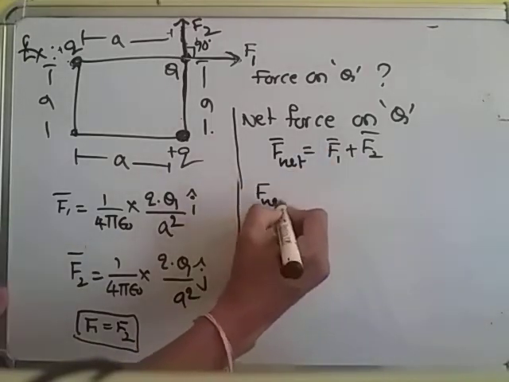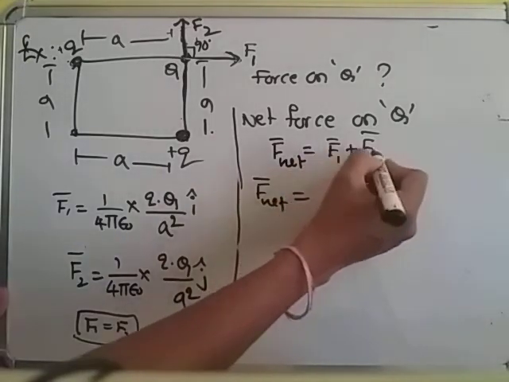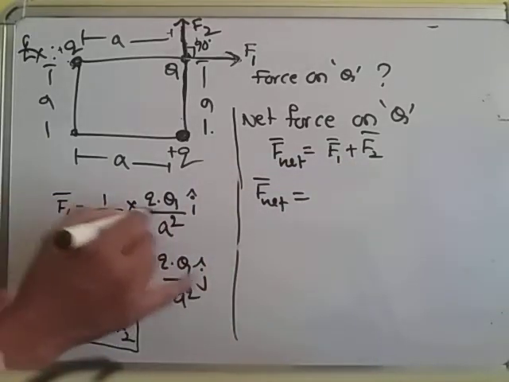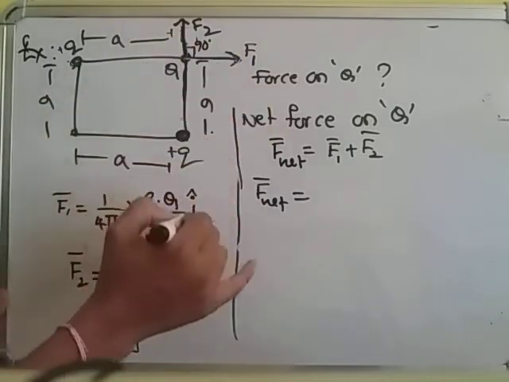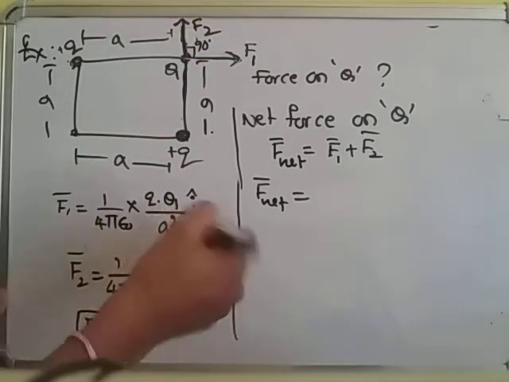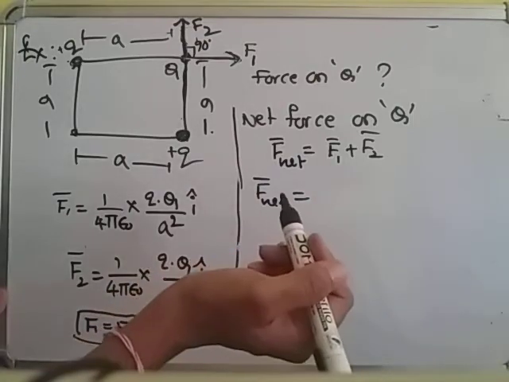Then for that, what we have to do? F1 bar and F2 bar are actually very simple to write: F1 bar is along positive x-axis so we write I cap, and positive y-axis we write J cap. If it is not along an axis, if it is in a plane, how to write then, we learned in the 11th class.